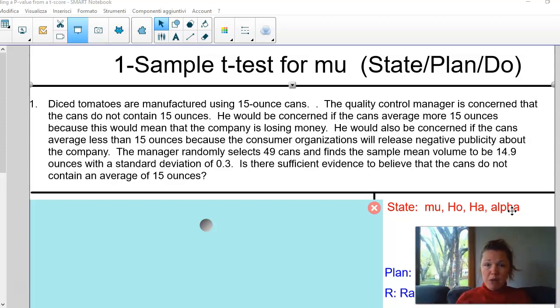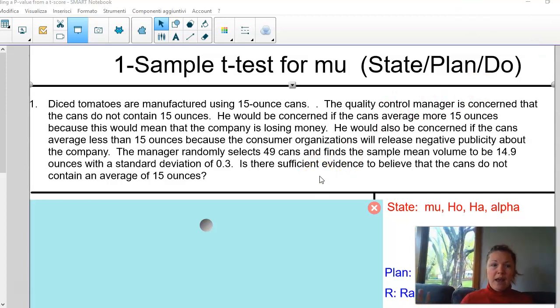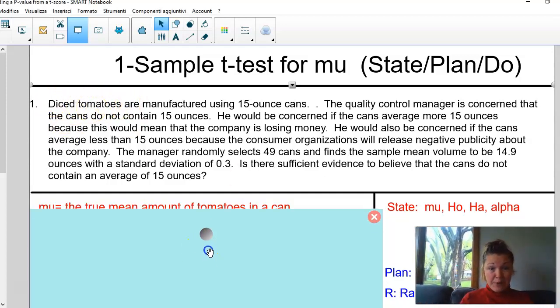Let's get started with mu. Mu in this case is going to be the true mean, what's describing everything. If you don't know, look at the question and see what can help us. Is there sufficient evidence to believe that the cans do not contain an average of 15 ounces? What is that average? That average is of the diced tomatoes, okay?